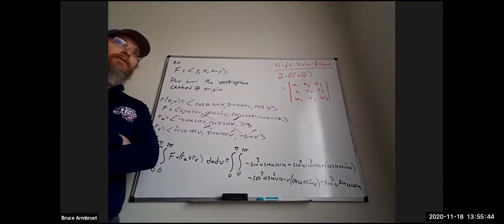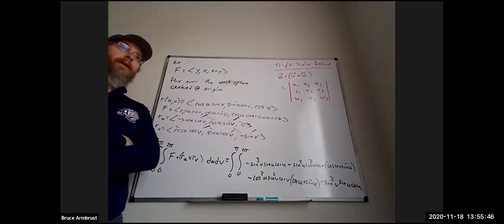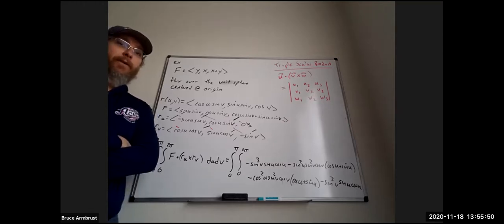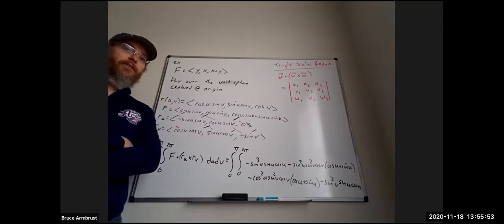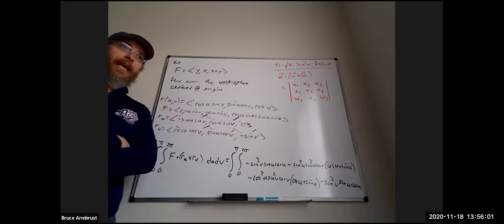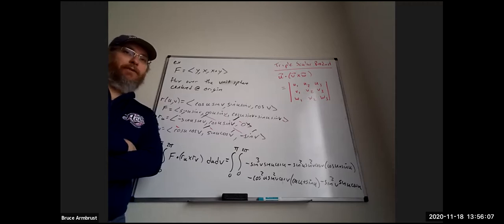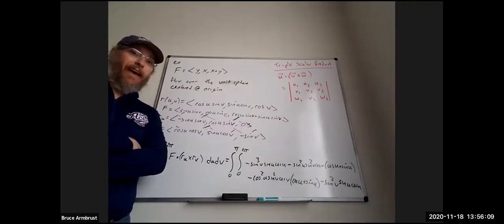Also, we'd have to do the orientation for one of them. If we did upward orientation on the top, we'd have to do downward orientation on the bottom, because upward orientation on the top means arrows are pointing out of the sphere. And so to keep it with arrows pointing out of the sphere, we'd have to go downward down below. So we'd have to keep track of that.